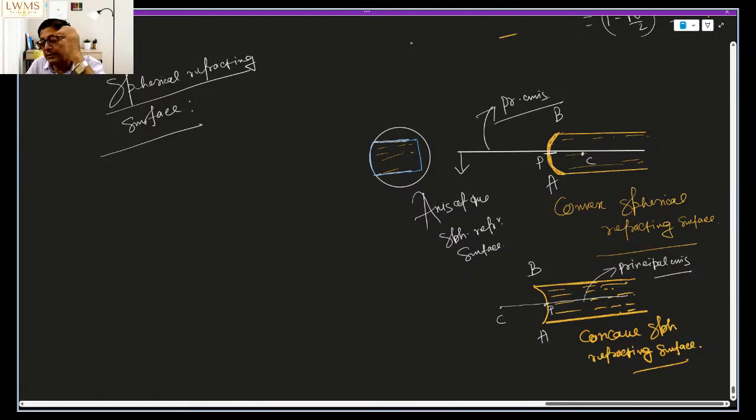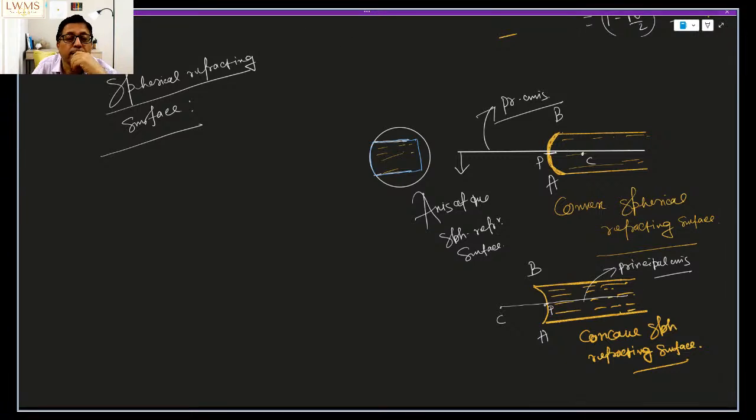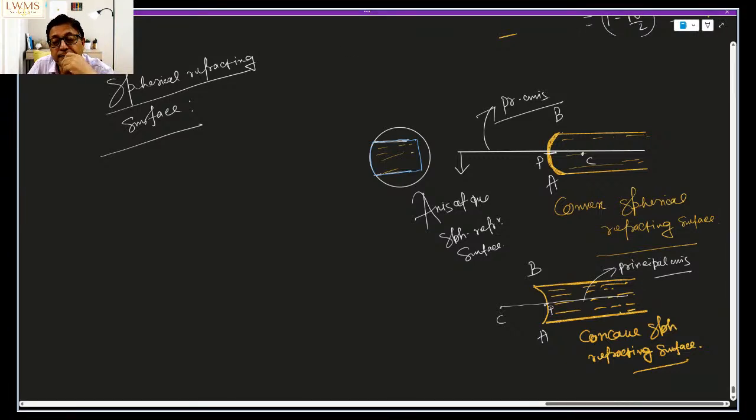On this spherical refracting surface, we are going to consider the refraction of light. Let us start with this convex spherical refracting surface.